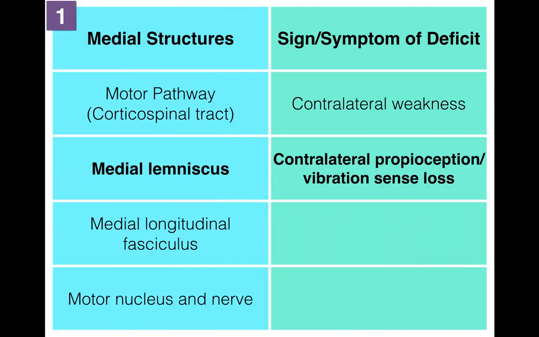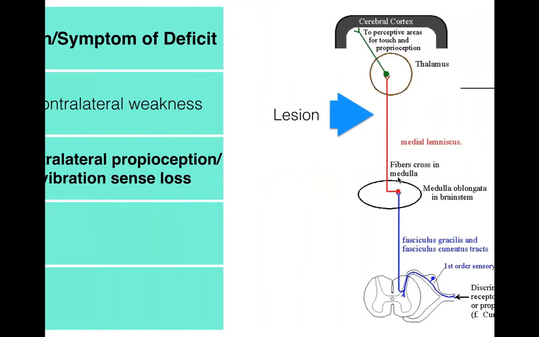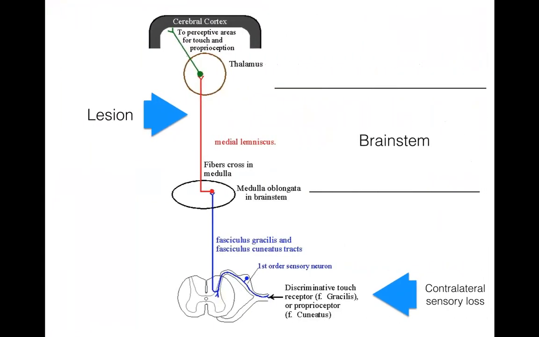The next structure that is found in the brainstem is the medial lemniscus. So if there is a lesion affecting this anywhere along the brainstem, the manifestation is contralateral loss of conscious proprioception and vibration sense. As always, let's trace this pathway. So it's an ascending pathway.